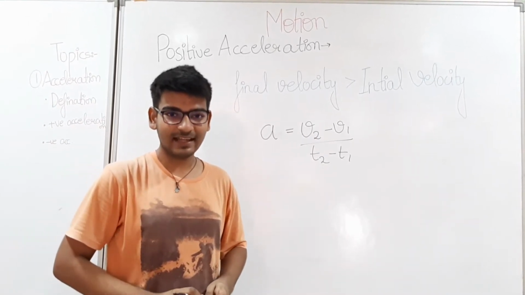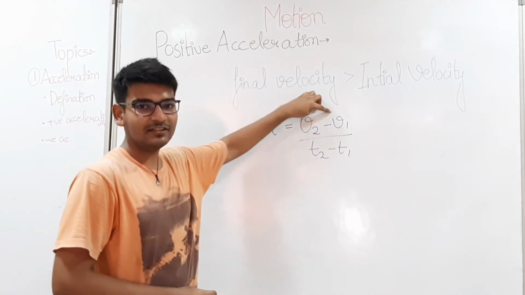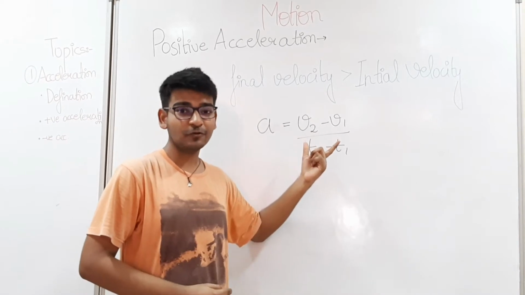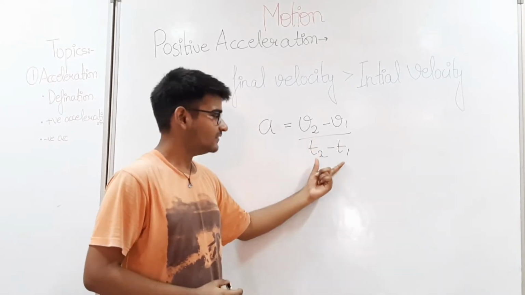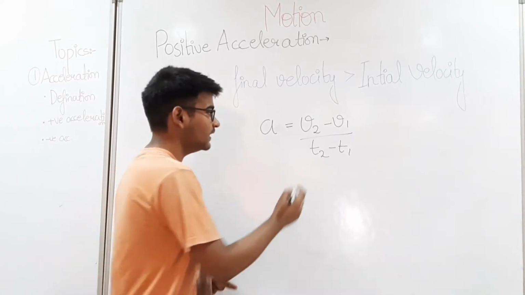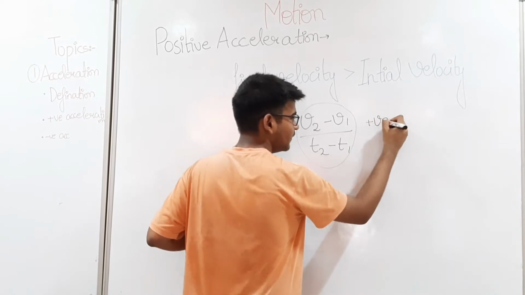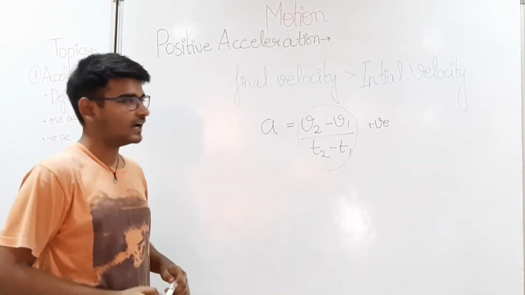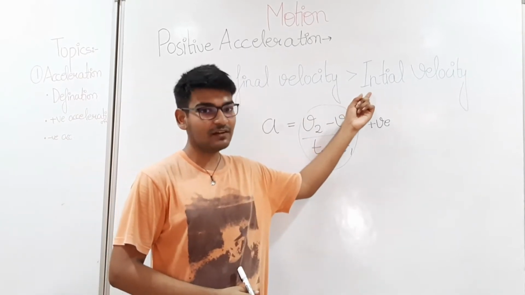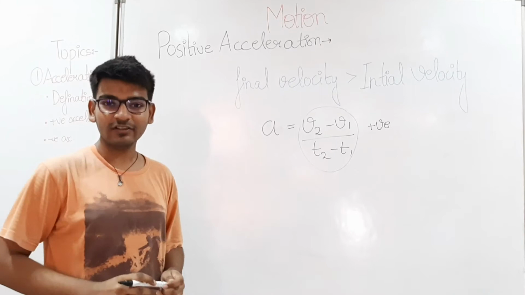If the final velocity is greater than the initial velocity, then v2 minus v1 will come out to be a positive term. And since the time interval cannot be negative, this whole value will be positive. So we say that if the final velocity is greater than the initial velocity, then we have positive acceleration.